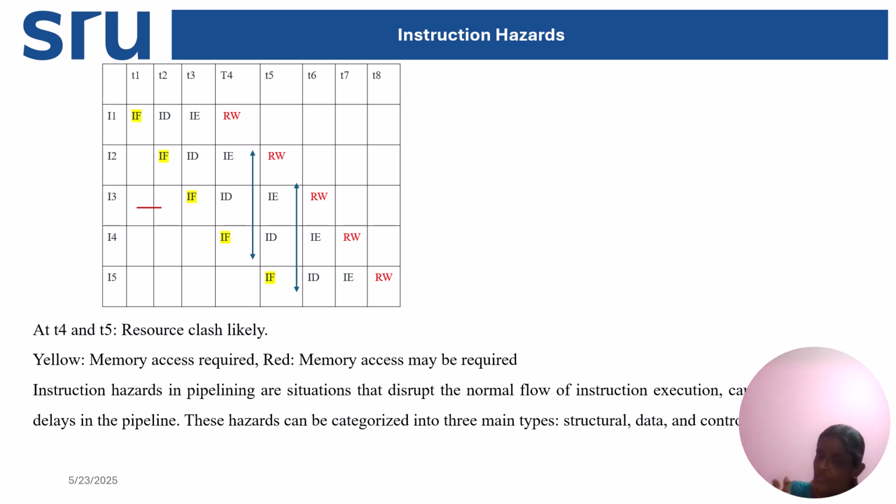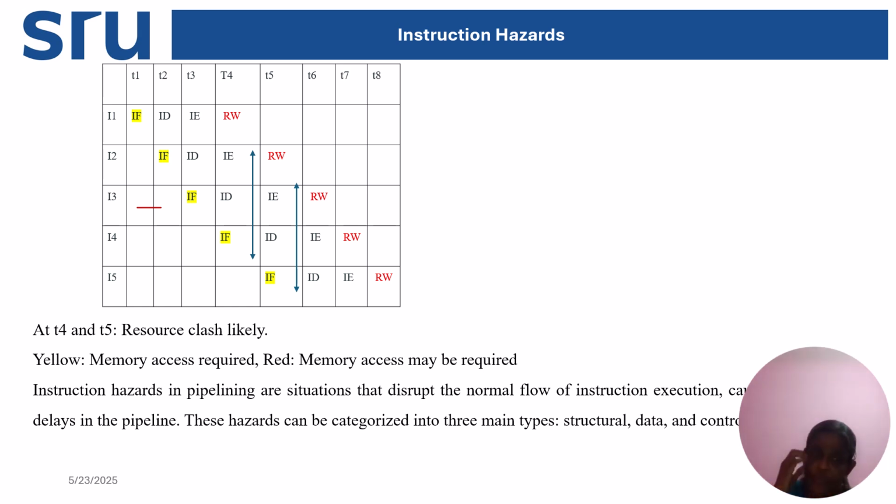So data hazard means within the data only, data from one instruction to another instruction. But hazard within the instruction is a very serious condition. Instruction hazards in pipeline are situations that disrupt the normal flow of instructions. So everything will become wrong. These hazards can be categorized into three main types: structural, data, and control.